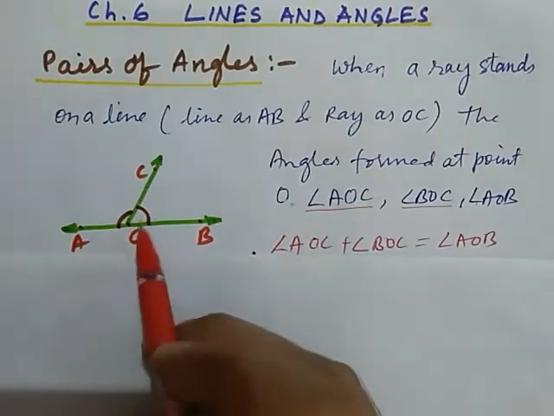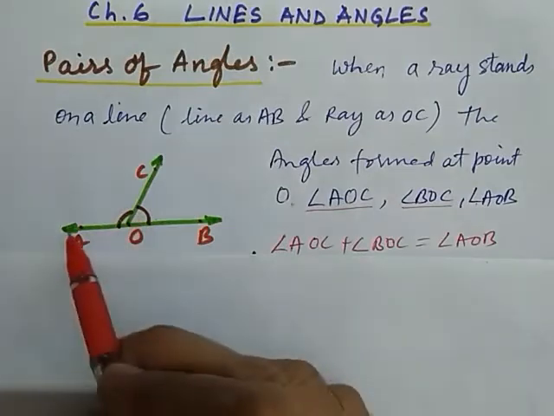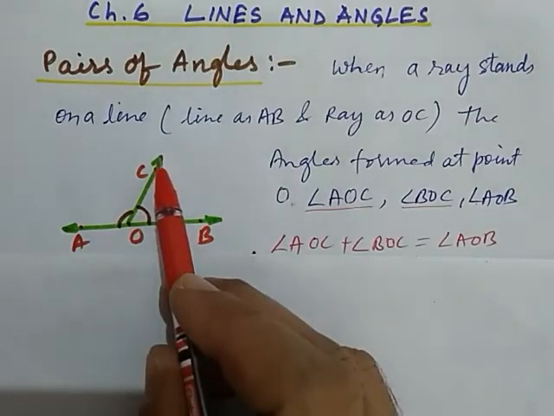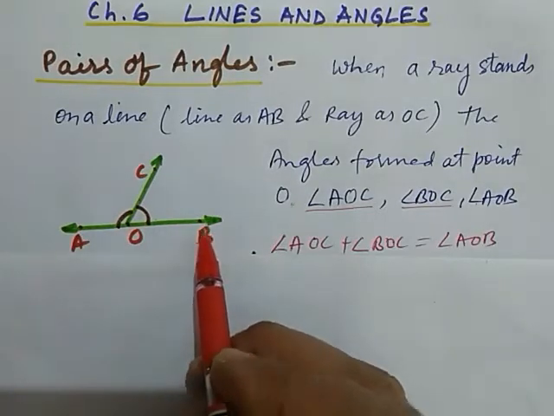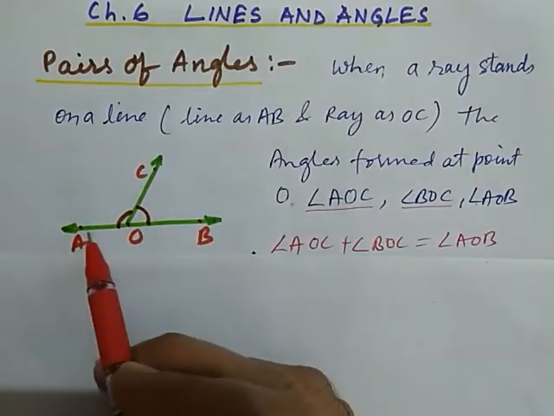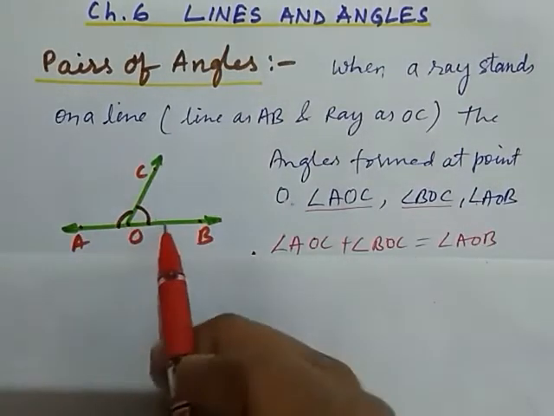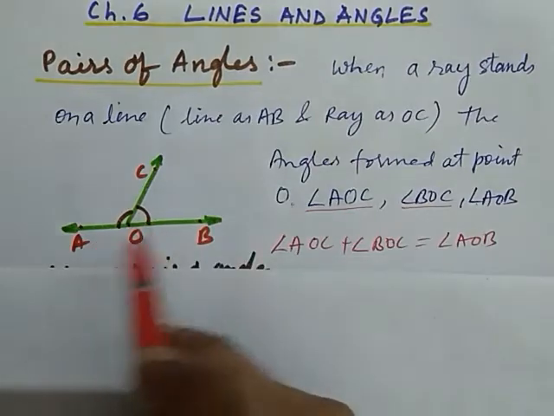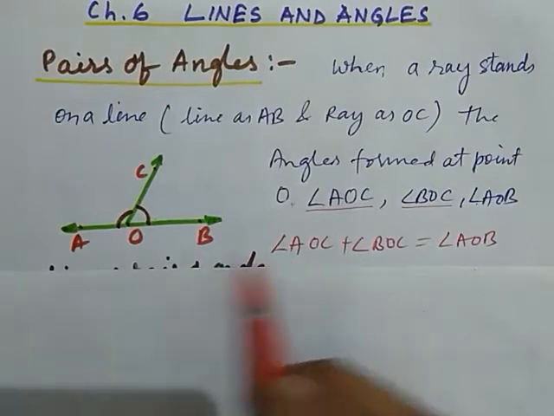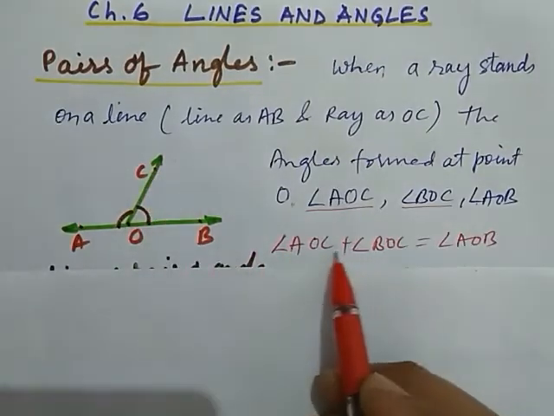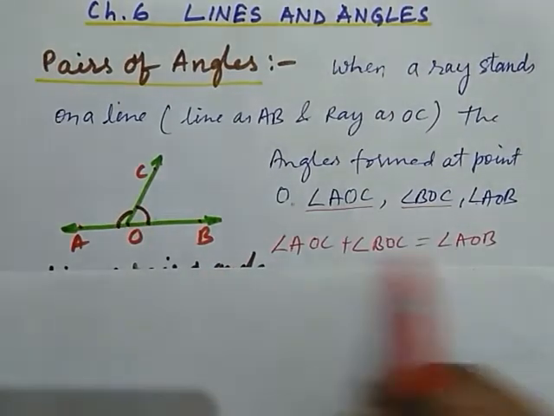I repeat again. When a ray OC stands on line AB, then the angles formed are angle AOC, angle BOC, and angle AOB. For these three angles, this relation holds true: angle AOC plus angle BOC equals angle AOB.